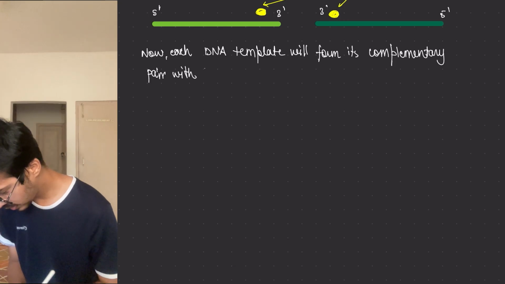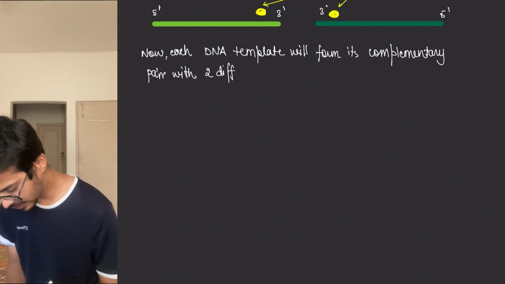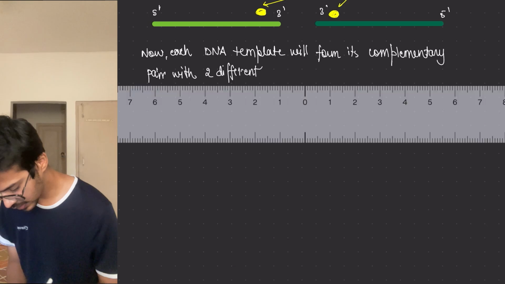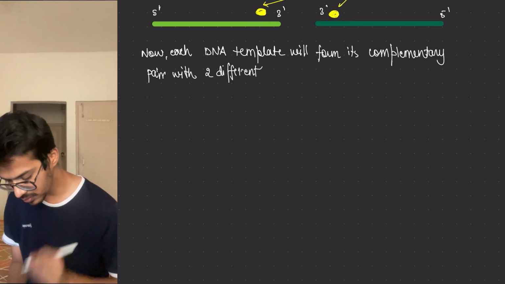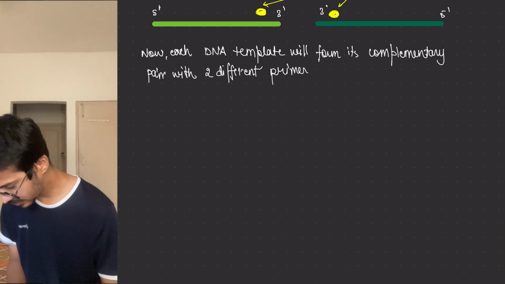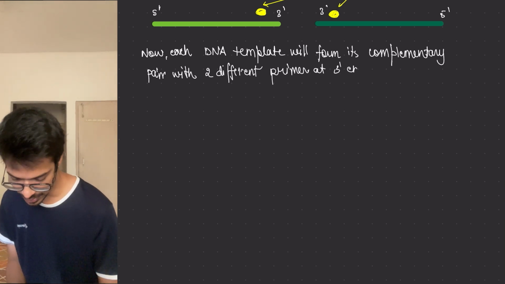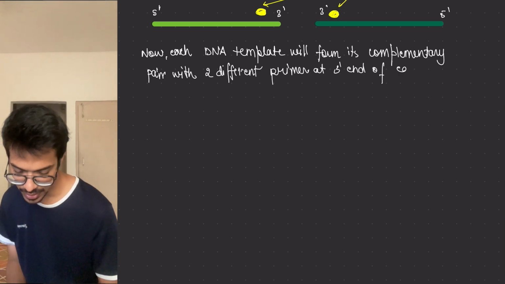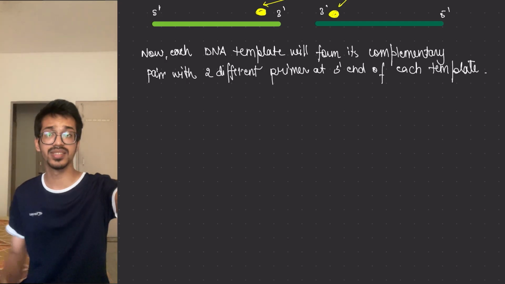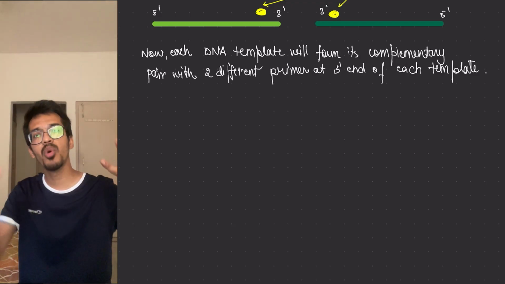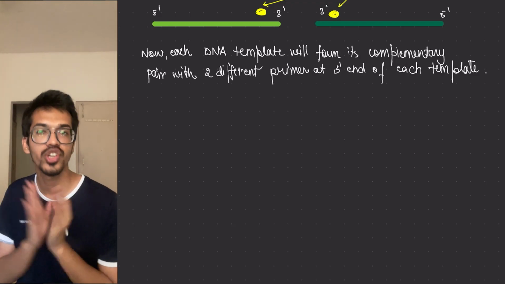With two different primers, see over here, this is 1, this is 2, at the 3' end of each template, because both are acting as a template. Nothing serious. The same thing you might have studied in the molecular basis of inheritance, how the replication occurs.